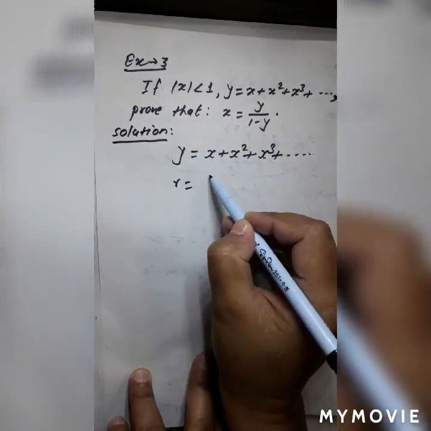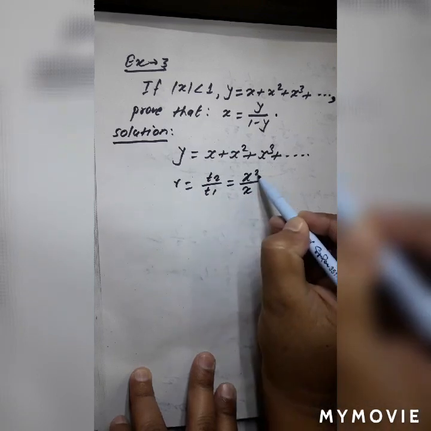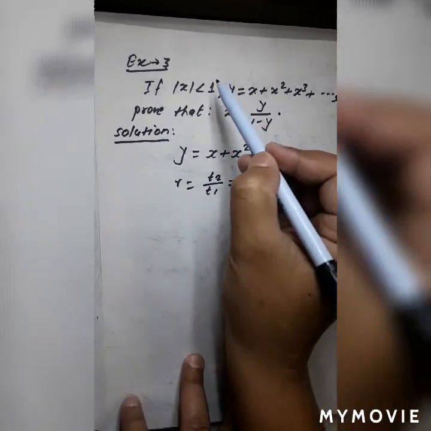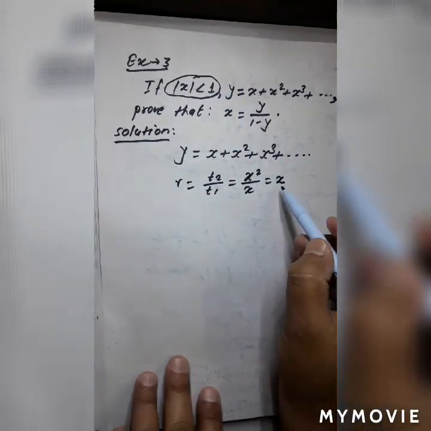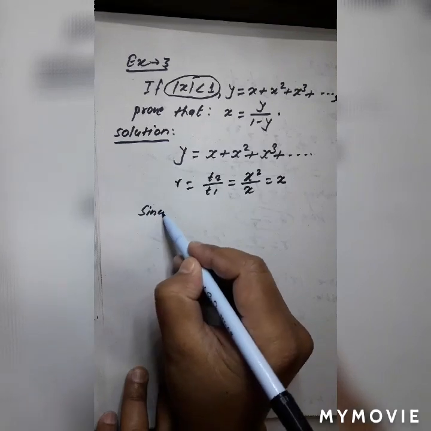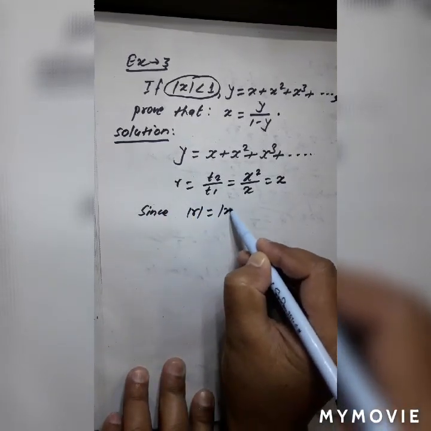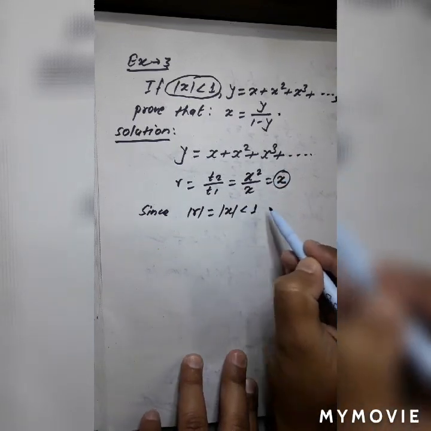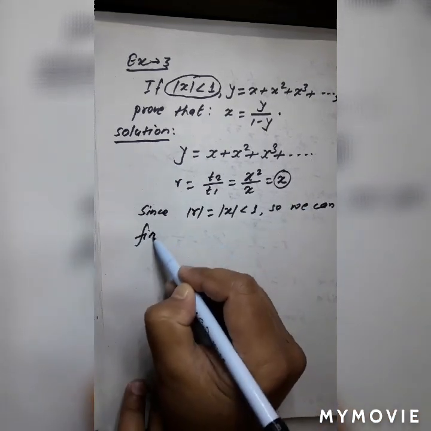Here r equals t2 by t1, so x square by x, and this is x. And here we are given one condition, the absolute value of x is less than 1. So this is the common ratio, since the absolute value of r equals the absolute value of x, this is less than 1, so we can find the sum.